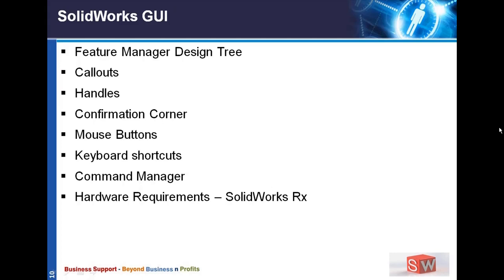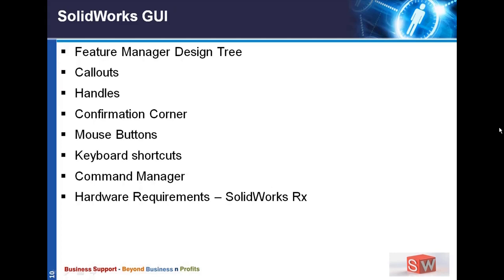To start with, I would like to show you where is the feature manager tree, which will have the history of the whole model, callouts and handles, which makes our job easier, confirmation corner to complete any task, and using mouse buttons, reducing the mouse travels, and different keyboard shortcuts in reducing the time taken to create the product, and a centralized command manager where all the commands can be retrieved.